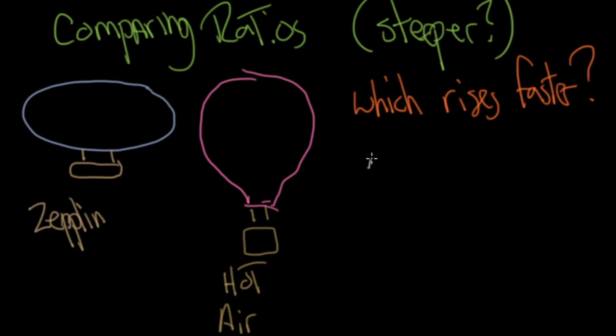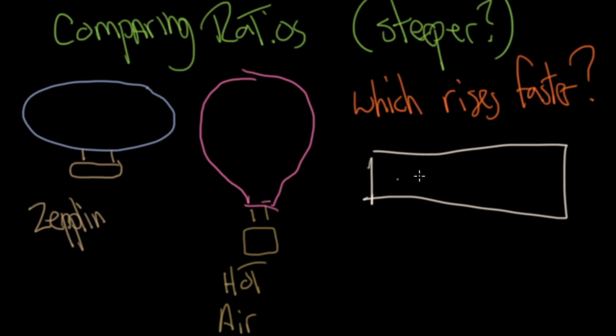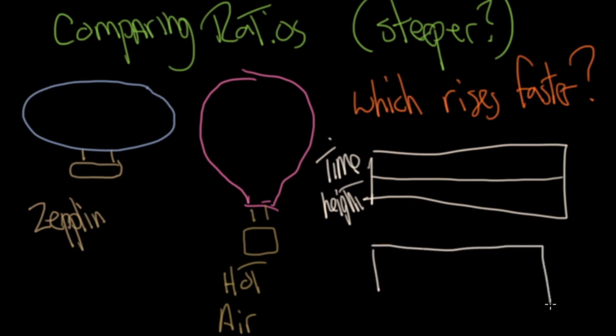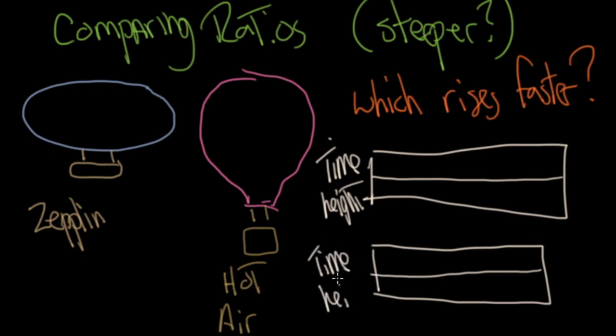So here we go. We're going to have time. So how much time does it take? And then height. And we'll do that for both. So we're comparing things. Time and height. What's the first one we should do? Let's just do the hot air balloons. I'll use pink.